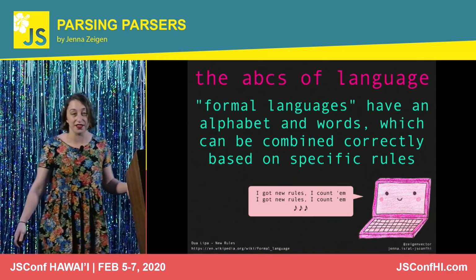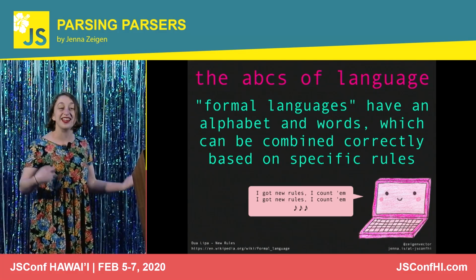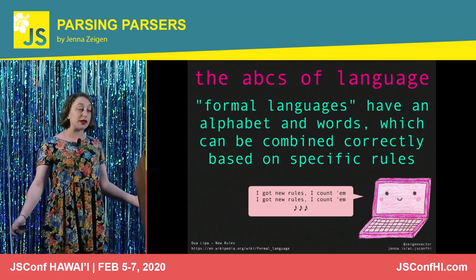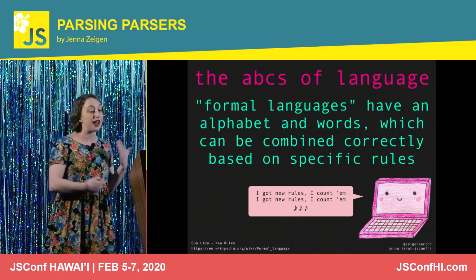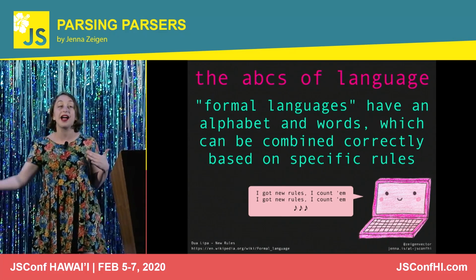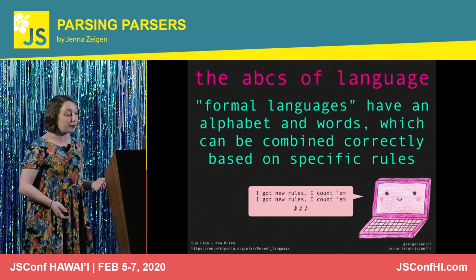Formal languages, on the other hand, are a bit more, well, formal. They're more math class than English or Spanish class. Formal languages are also made up of words that are made up of letters from an alphabet, both of which can be combined at each level based on specific rules, which is called the language's grammar.